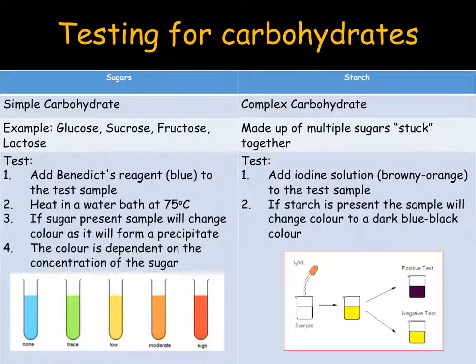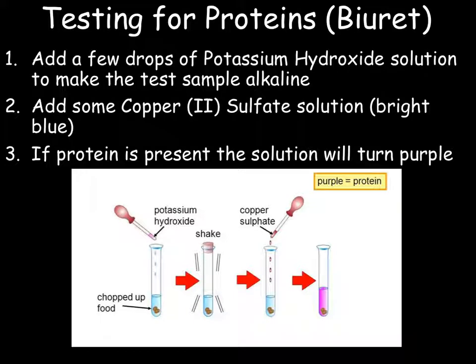If starch is present, then the sample will change colour from this browny orange colour to a much darker blue-black colour. If, however, no starch is present, then it will simply stay that brown-orange colour. So again, we get the colour change, we get that positive result if the molecule we are testing for is present.